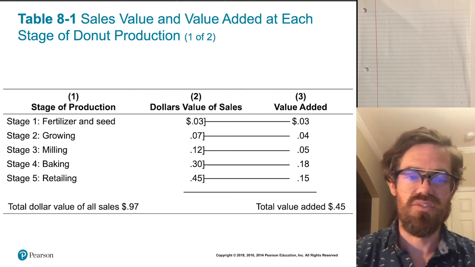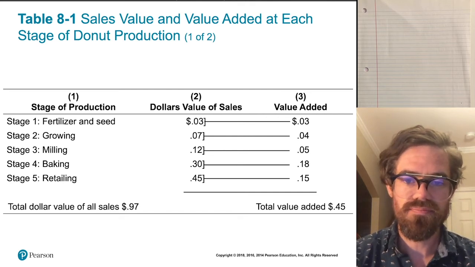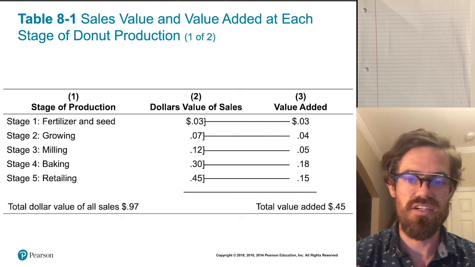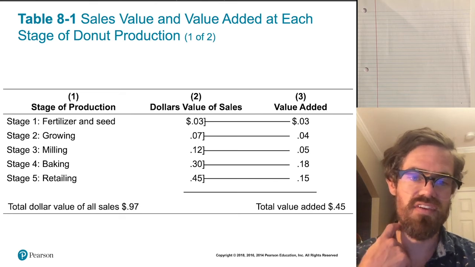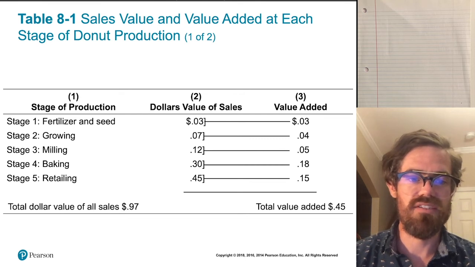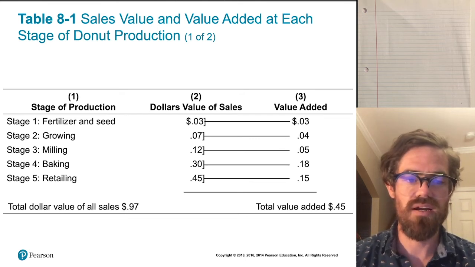Now, the next stage is milling the wheat. And the milled wheat sells for 12 cents. And the wheat before it was milled was purchased for 7 cents. And the difference there is 5 cents. So the value added in stage 3 is 5 cents. And so on until we get all the way to the end where the donut is sold for 45 cents.